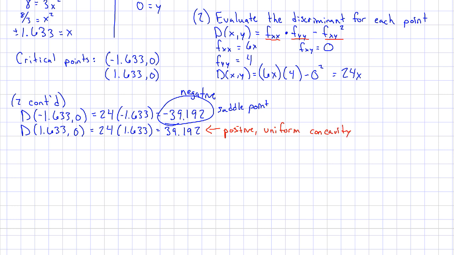So it could still be concave up or concave down. I haven't determined that, but it means that there is an extrema here. The next step is to determine whether we have a min or max.